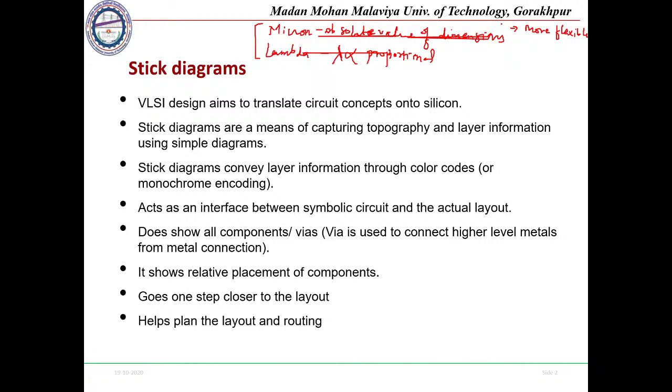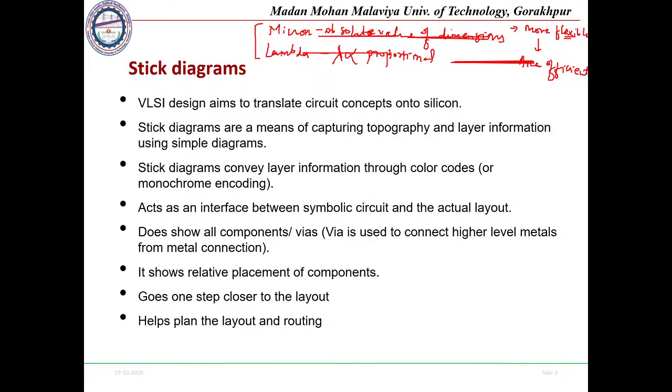Based on the user requirement, in the micron method we will have more flexibility from the design point of view. Another point we can consider is, if it is more flexible and more optimized, then it will be an area efficient design.